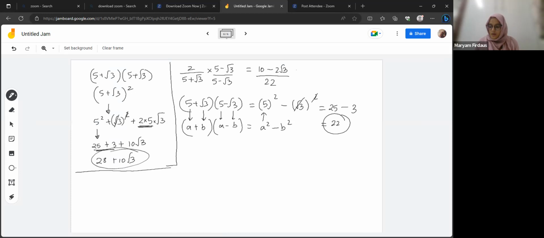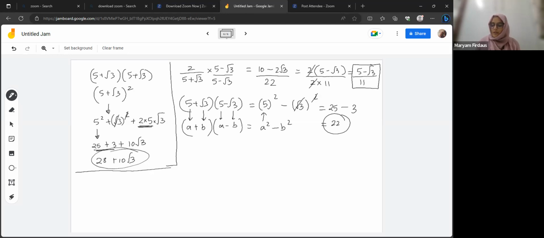So in the numerator, can we take 2 as common? 10 and 2. So 2 as common, it becomes 5 minus root 3. And in the denominator, we have 2 multiplied by 11. So this 2 and this 2 get cancelled. We are left with 5 minus root 3 by 11. This is our final answer.